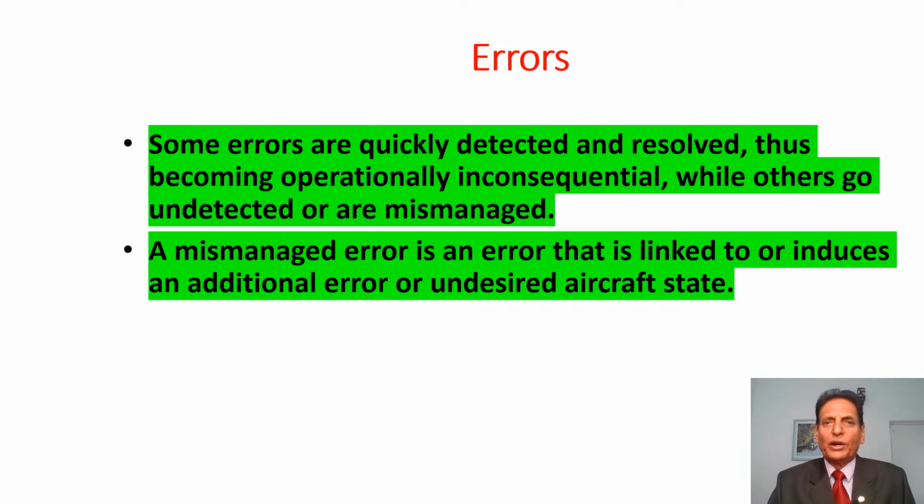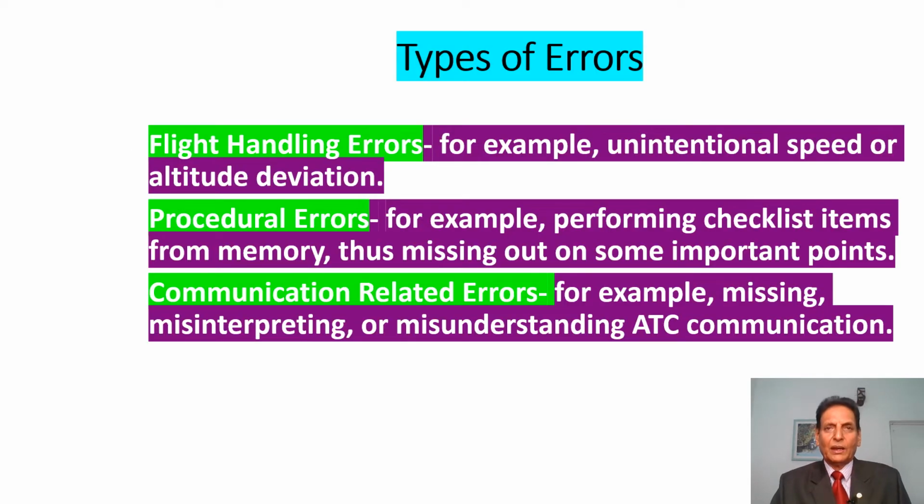Some errors are quickly detected and resolved, thus becoming operationally inconsequential, while others go undetected or are mismanaged. A mismanaged error is an error that is linked to or induces an additional error or undesired aircraft state. Now we shall discuss types of errors.